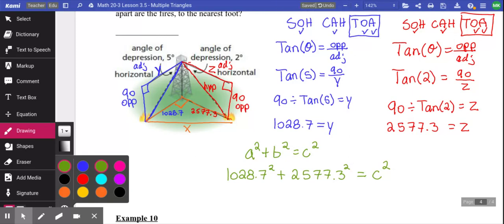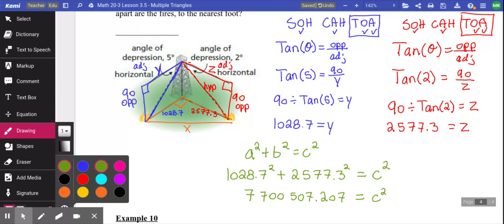You get 7,700,507.207 equals c squared. Now that seems like a ridiculous answer, right? Like why would two fires be 7 million meters apart or 7 million feet apart? That's ridiculous. It's a little excessive.